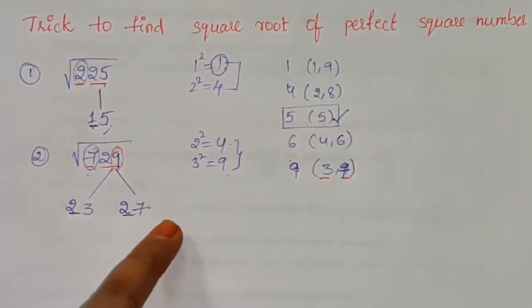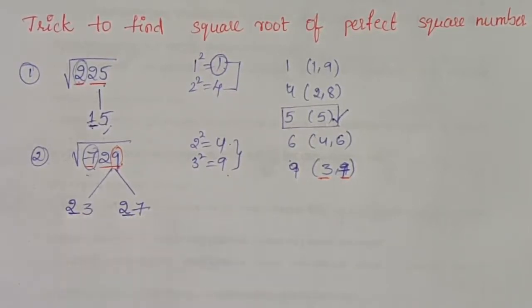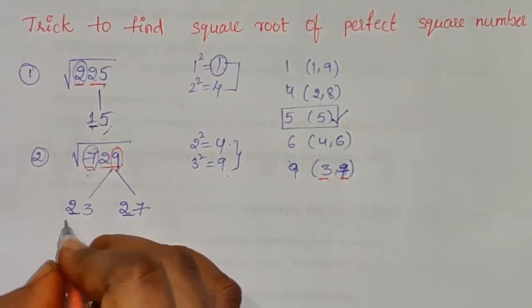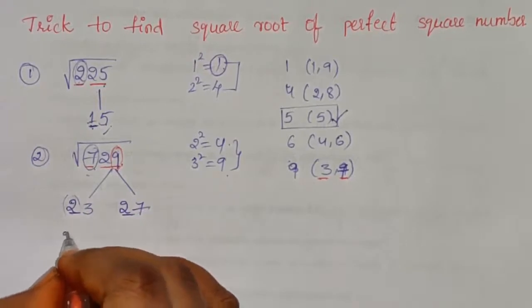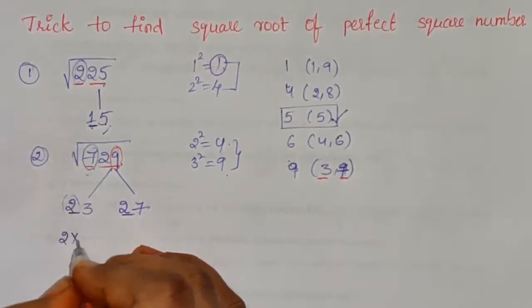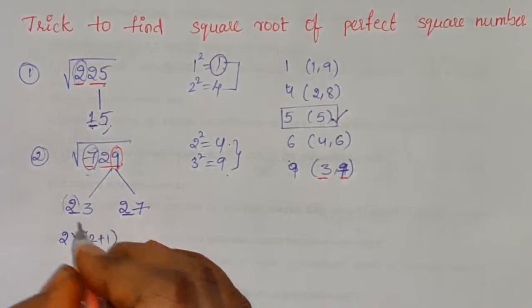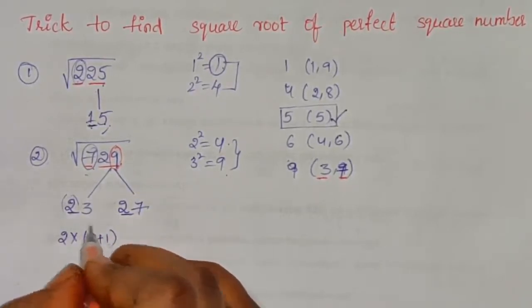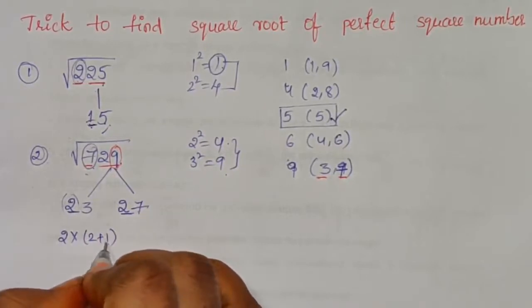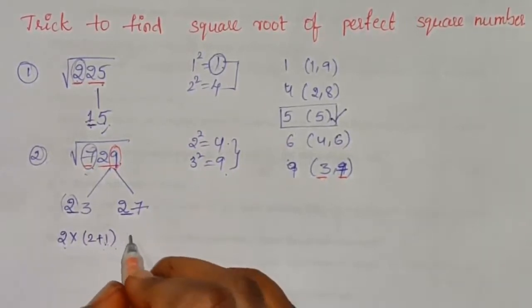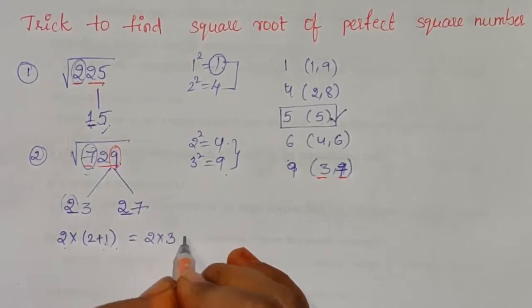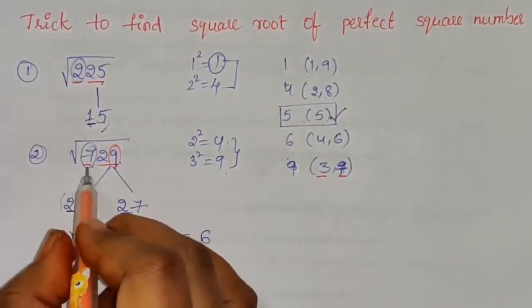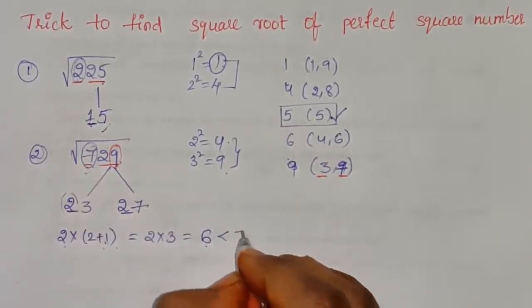To find the perfect number from these two, we have another thing. Here we are getting 2, right? So this 2 is multiplied with 2 plus 1. Okay, I am increasing one number. If you get 3, then 3 plus 1. If it is 4, 4 plus 1, like that. So 2 into 2 plus 1, that is 2 into 3, which gives 6. This 6 is greater than the number here, which is 7? No, 6 is less than 7.